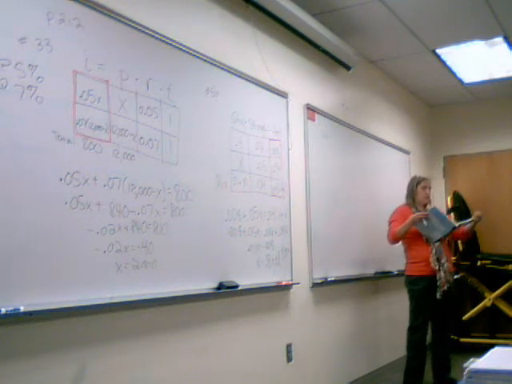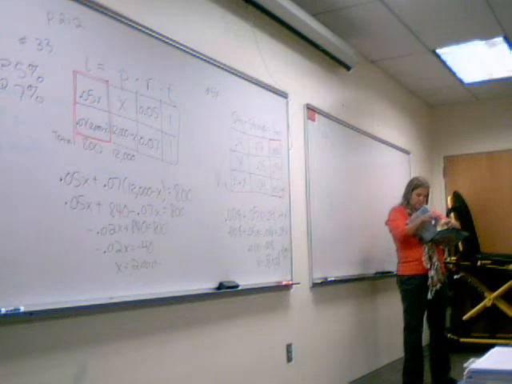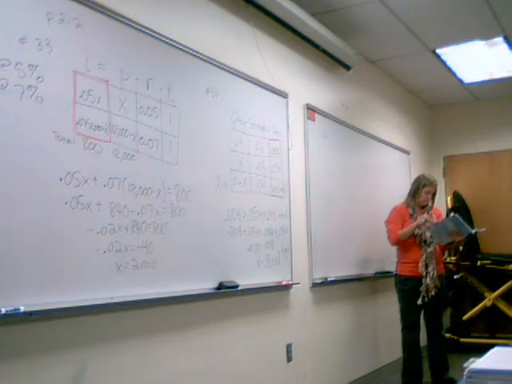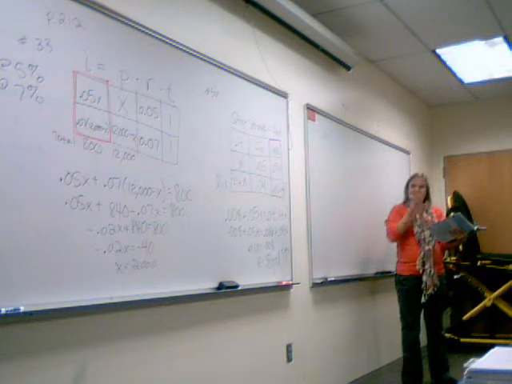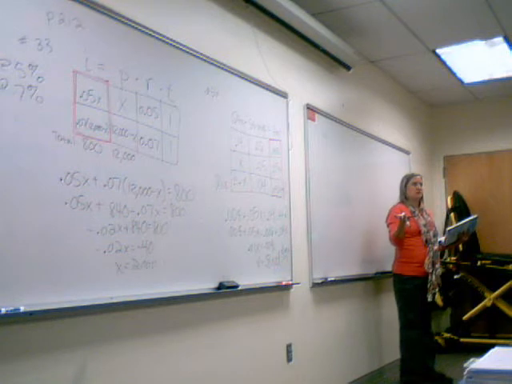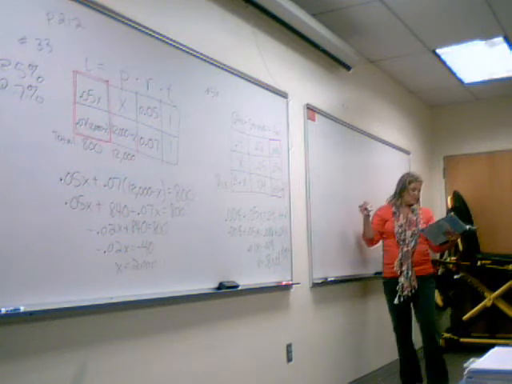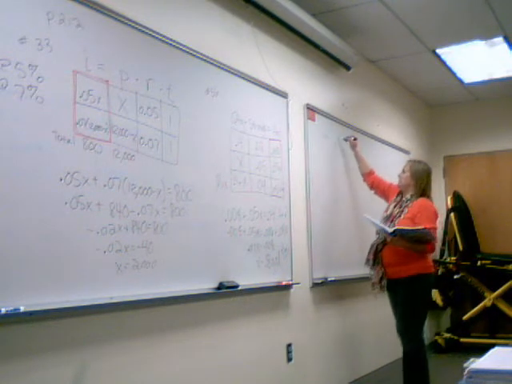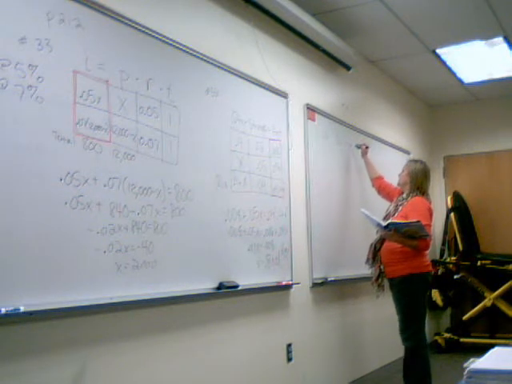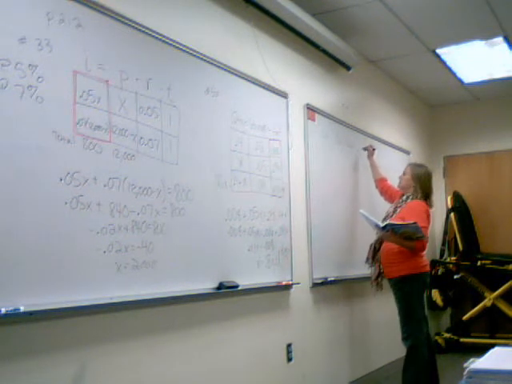Is this going to be solid or liquid? It's liquid. Why is it liquid? It says liquid plant food. That's your first clue. Your second clue is it's giving you percents or strength. Okay? So I'm going to set up the same kind of table: quantity times strength equals an amount.